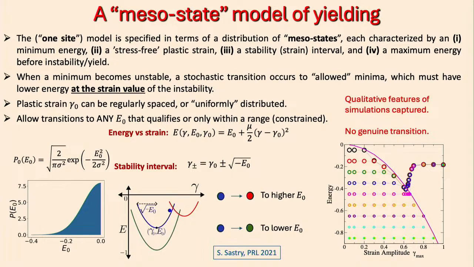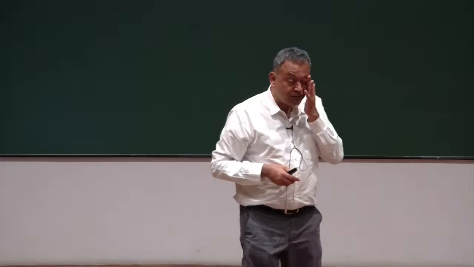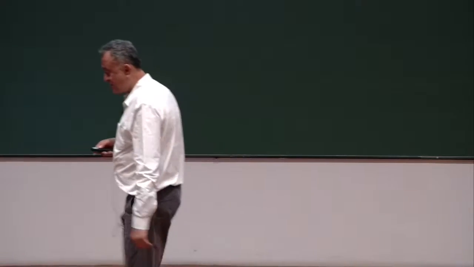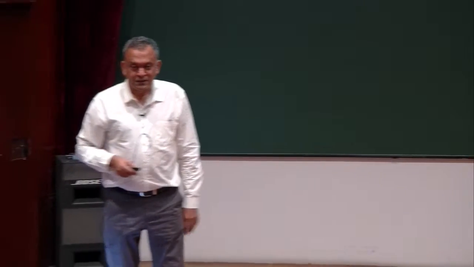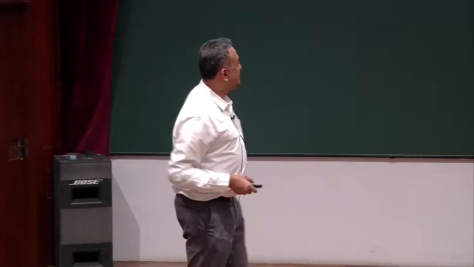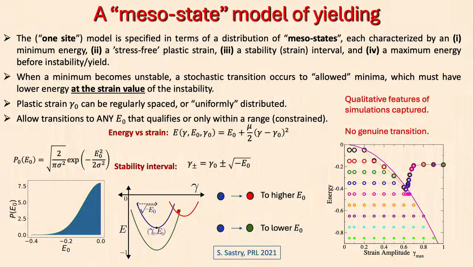So the plastic strain that is associated with a stable packing can be arbitrary, and this is also why Bulbul was talking about a stress-only description, because strain is not, yeah. But anyway, we are thinking in terms of strain.